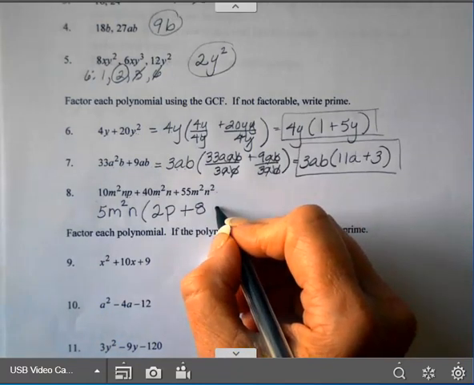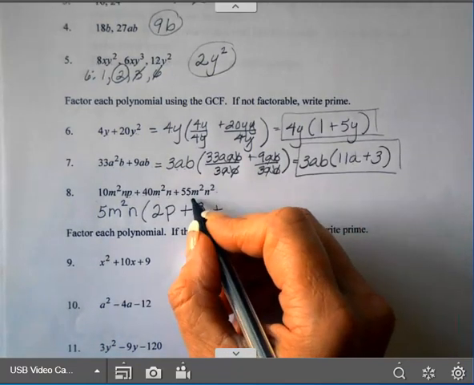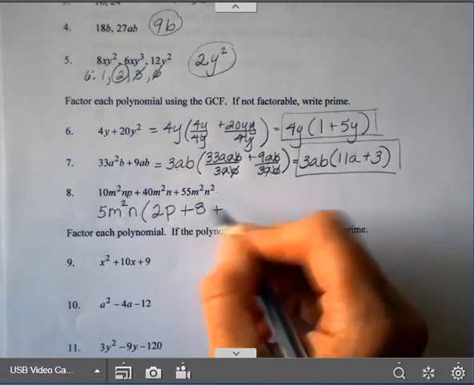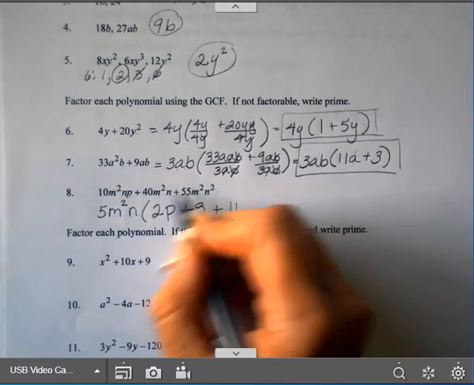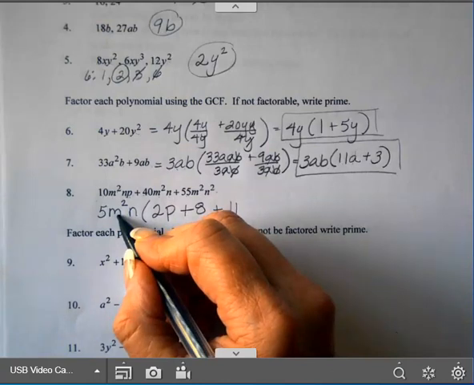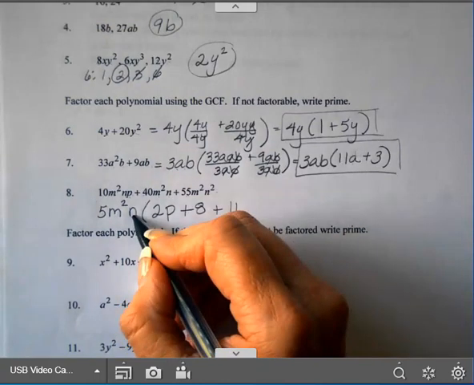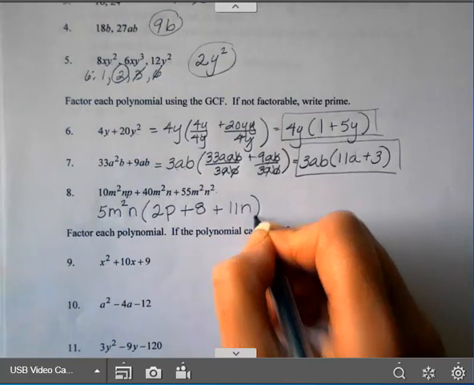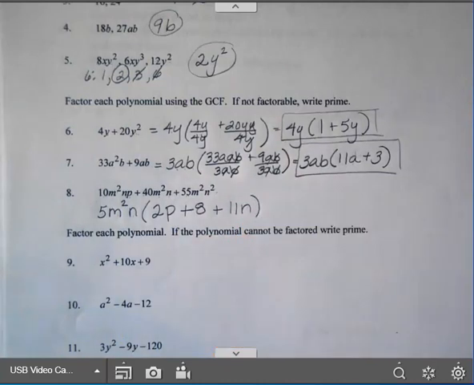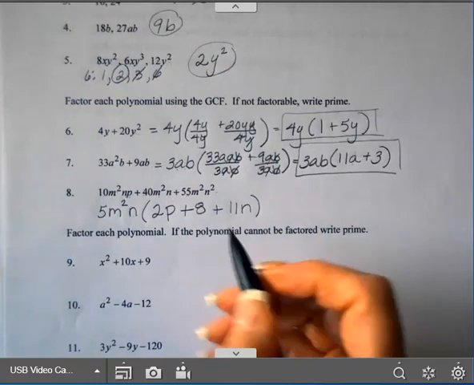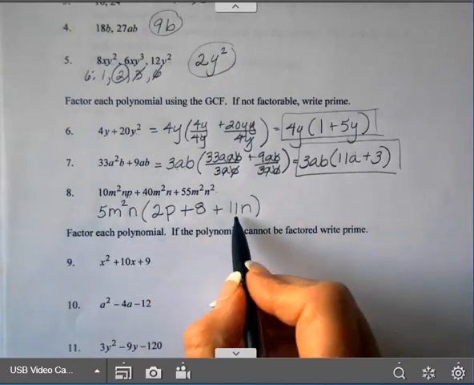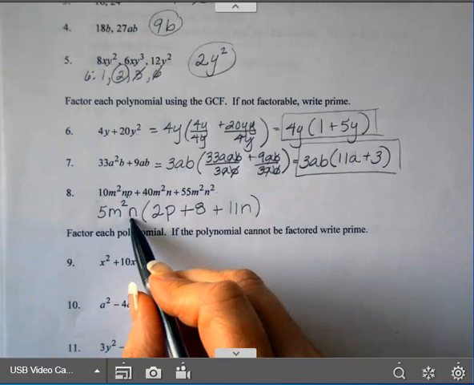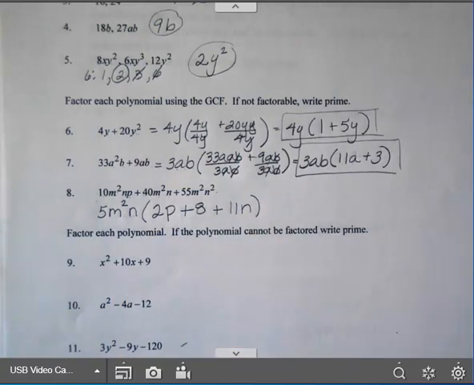And then on this last one, I'm dividing 55 by 5, which is 11. m squared divided by m squared is 1, those cancel. n squared divided by n leaves me with one n still. So I took one of the n's out, I divided one n out. And so if I multiply this, that'll be 55m²n², which is what that term is.